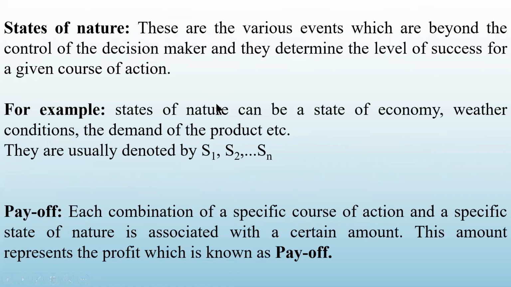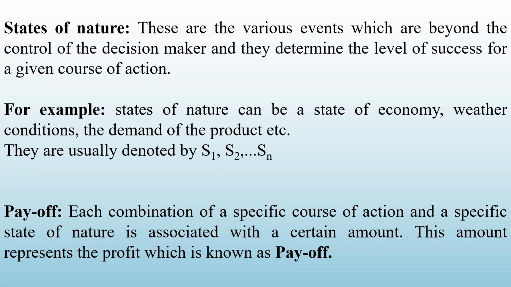What are the states of nature? These are the various events which are beyond the control of the decision maker, and they determine the level of success of the given course of action. If you go back to the example from my last lecture, if a product is launched by a company in the market, then the demand for that product can be low, medium, or high.